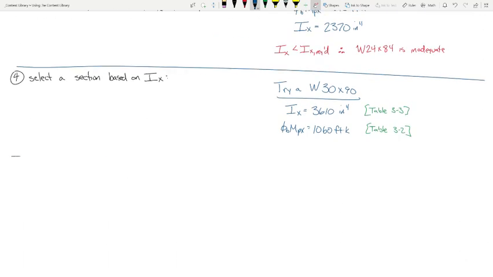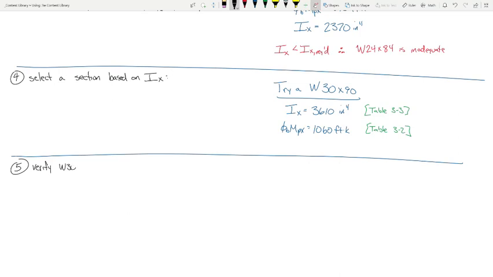But the problem is that it is heavier than our assumptions. So if it's heavier than our assumptions, we need to verify the performance.